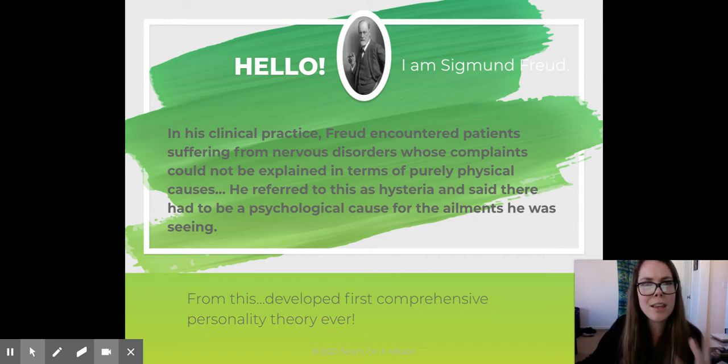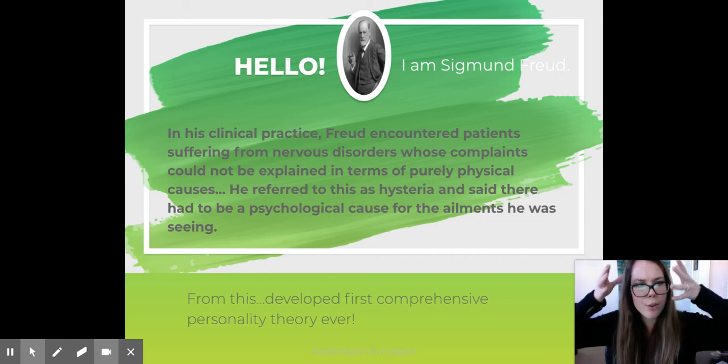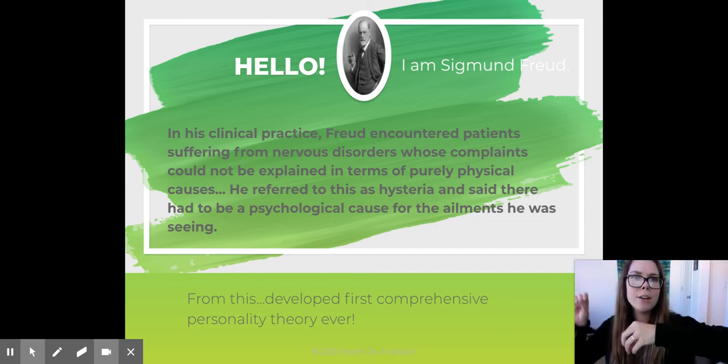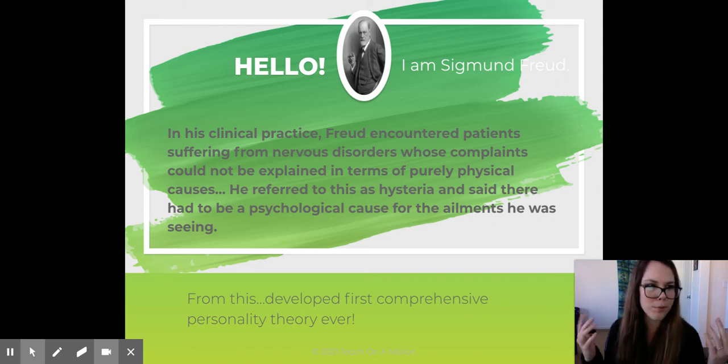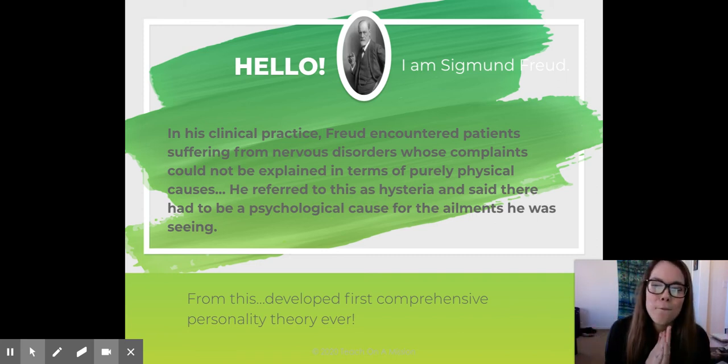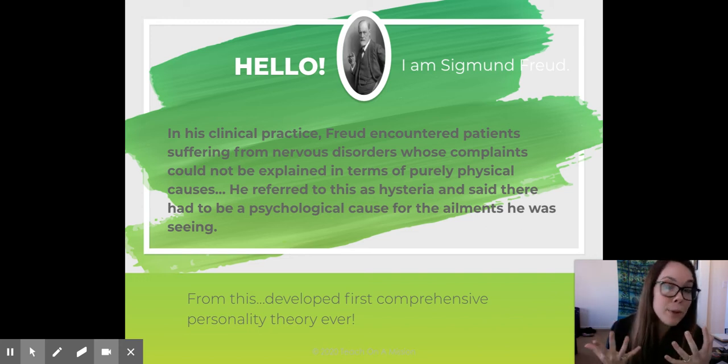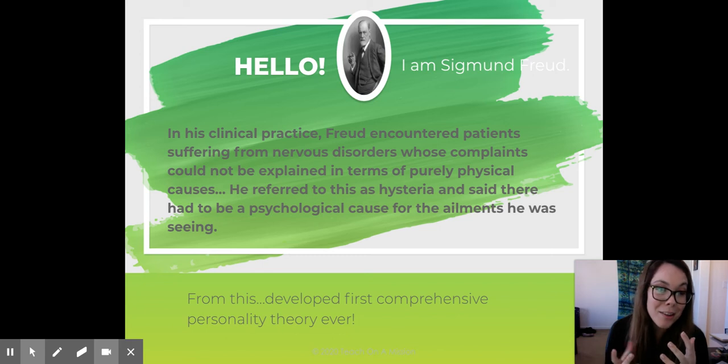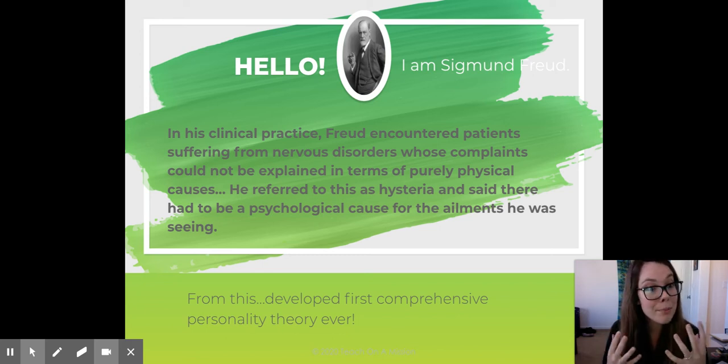So think of Freud as the psychoanalytical perspective of what is in our unconscious that might have rippled out into our personalities. And Freud is the first one to really develop a comprehensive personality theory. Do people listen to it? That's a whole other story, my friends.